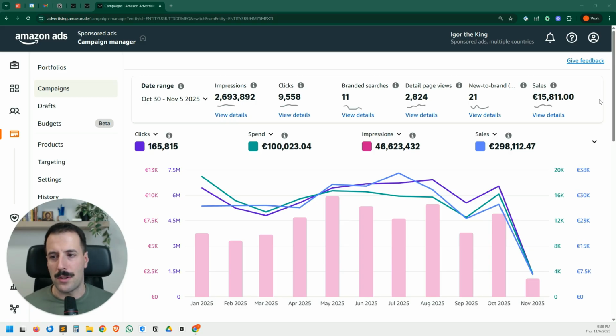During these 3 to 4 days, you need to carefully monitor the performance, what's happening. Did the CPCs go up? Did the ACoS go up? What about conversion rate? Because you send a signal that, hey, I have an additional $500 that I'm willing to spend, and the algorithm is going to grant you your wish.